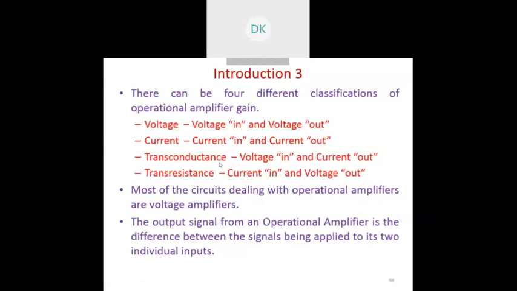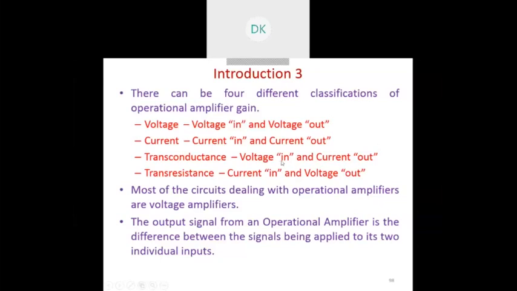There are 4 classifications of op-amp: voltage amplifier, current amplifier, transconductance amplifier, and transresistance amplifier. Voltage amplifier means voltage input, voltage output. Current amplifier means current input, current output.